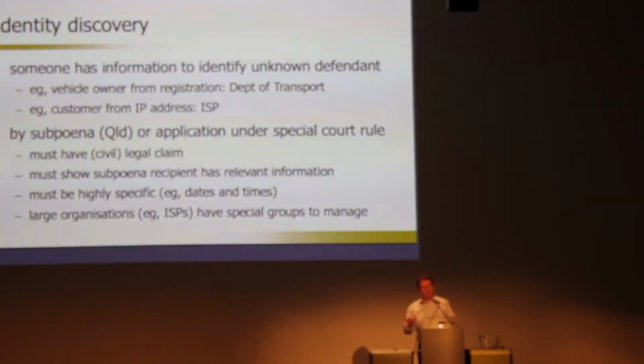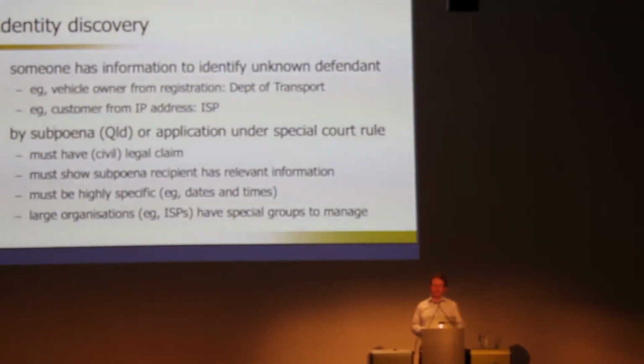Probably more relevant for this audience is the kind of subpoena I just talked about, where you can go from an IP address, for example, of someone who made a post anonymously on your site or sent you an email anonymously, and you'd like to track down who that was. Potentially you can, by way of a subpoena addressed to the ISP, Telstra or Vodafone or whoever.